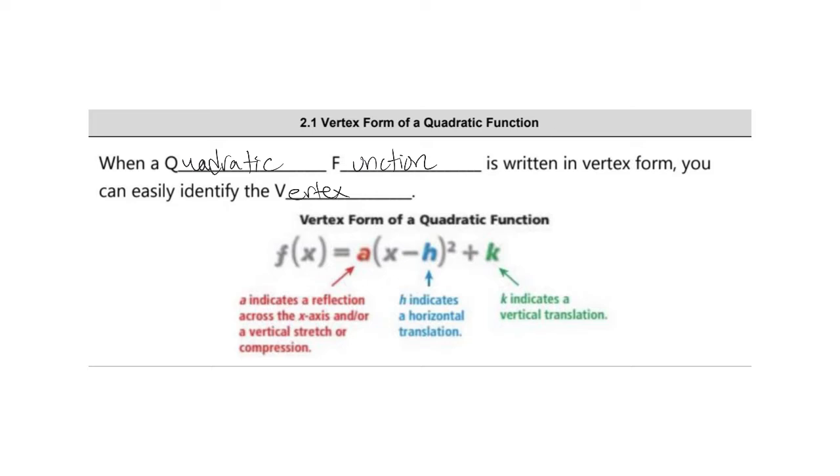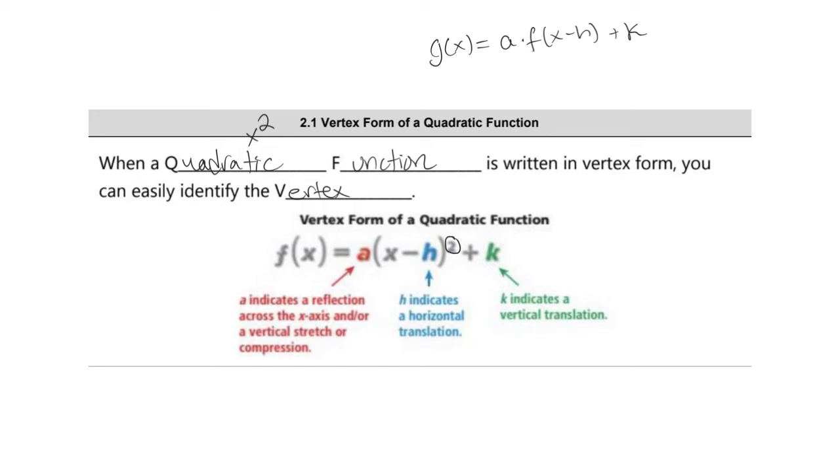Okay, so we're used to g of x when we did transformations. Remember, of parent functions is a times f of x minus h plus k. Well, when we have a quadratic, it's always an x squared function, right? So quadratics are x squared.